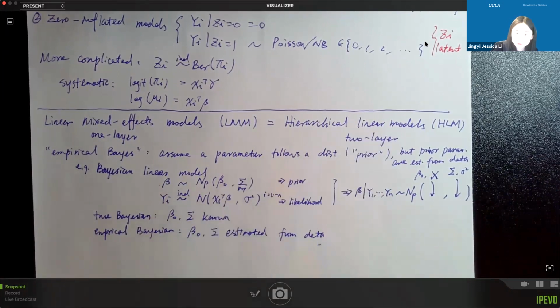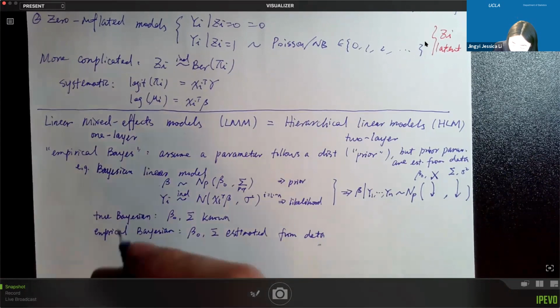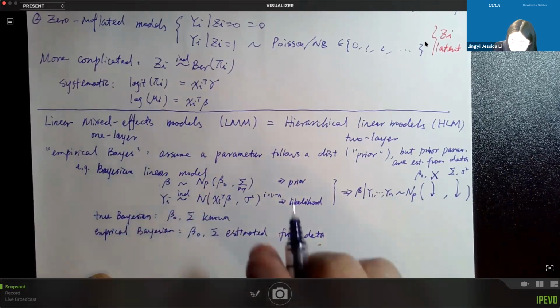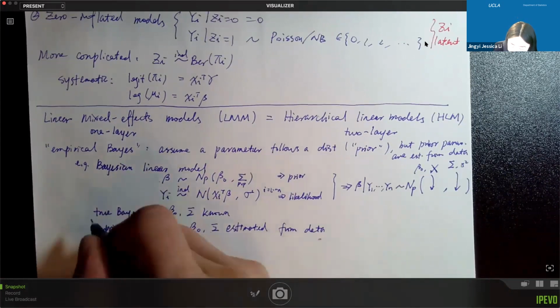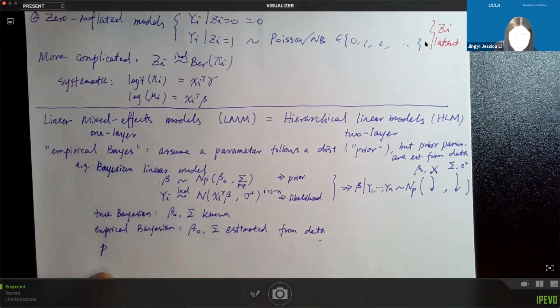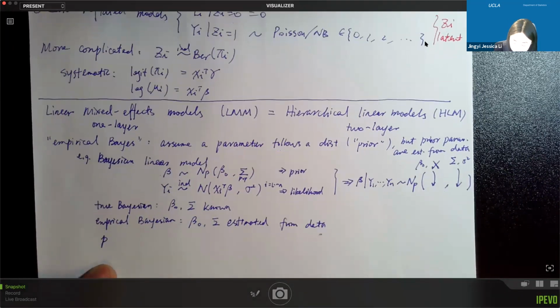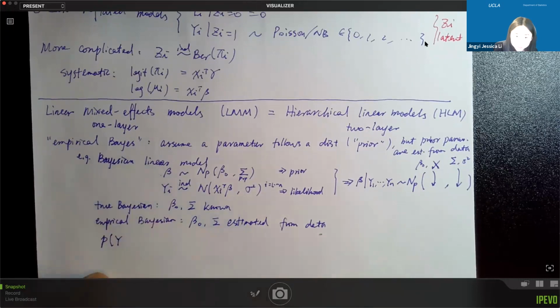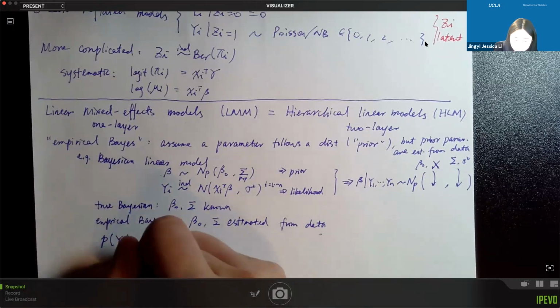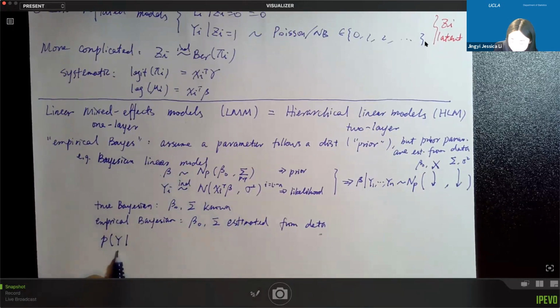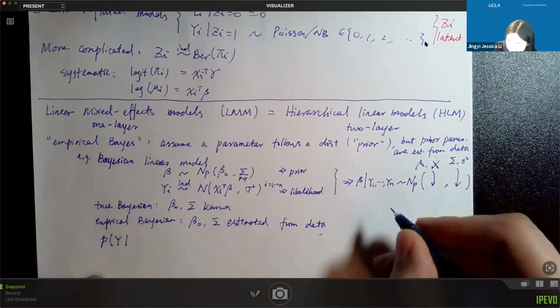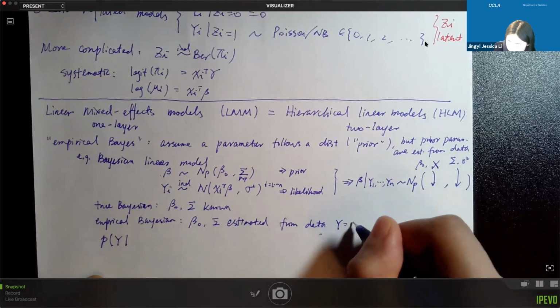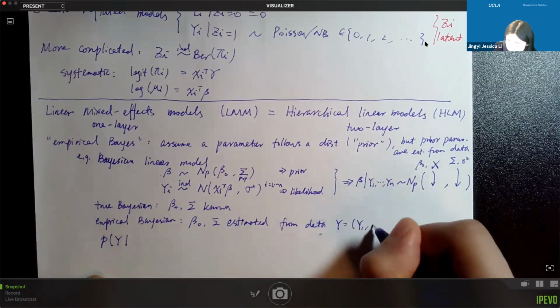So by treating it as a hierarchical model, you can write down the joint density. I'm just going to use P to stand for probability density or probability mass function. So you are going to obtain the joint probability of y1 to yn. I'm just going to denote it by y. Okay. So data, I just give a notation y from y1 to yn.